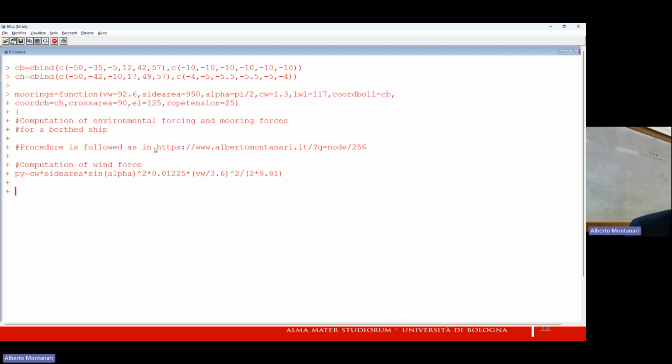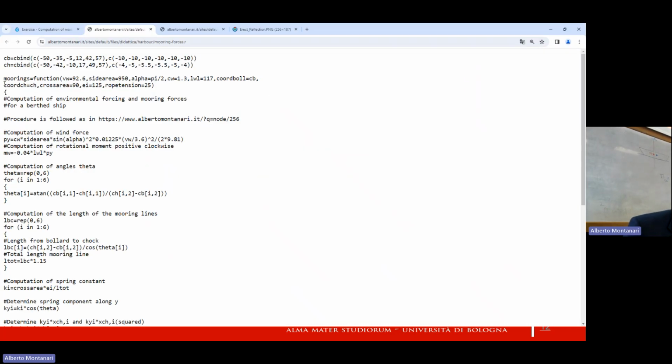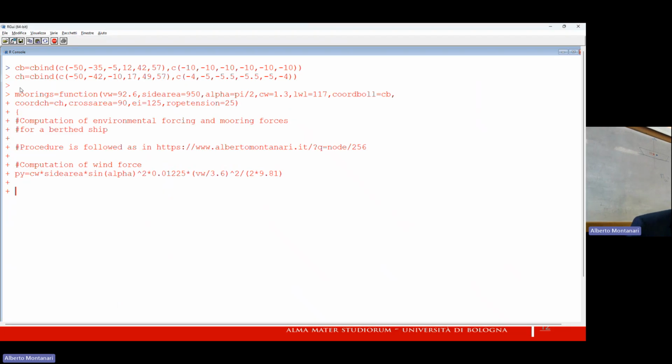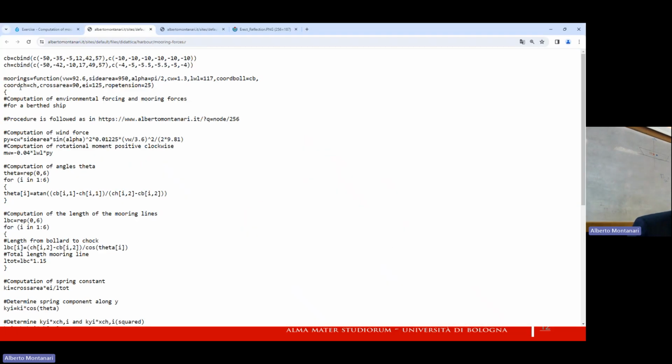One second. Let me do it like this because I wanted to write a function. So, computation of the wind force. It's here. One second.